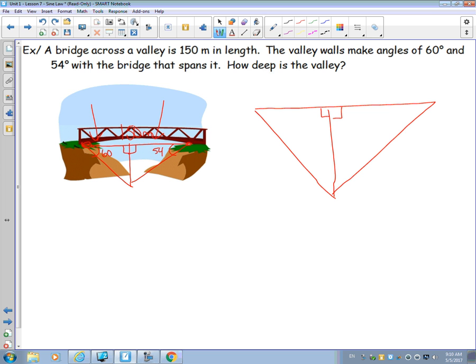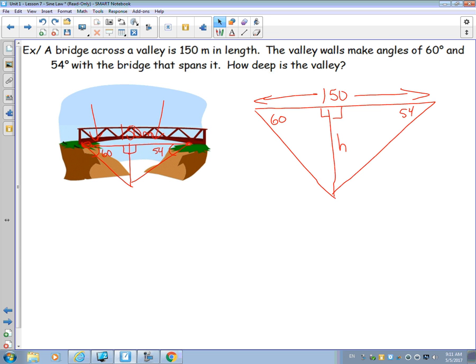I'm just going to redraw it to make it a little bit bigger, easier to see. Okay, so I got 60, I got 54, I've got 150. It goes all the way across and cannot be split in half. I want to know how deep the valley is, the height of that, if you will. So to figure this out, I know there's right triangles in here, but I can't use them directly.